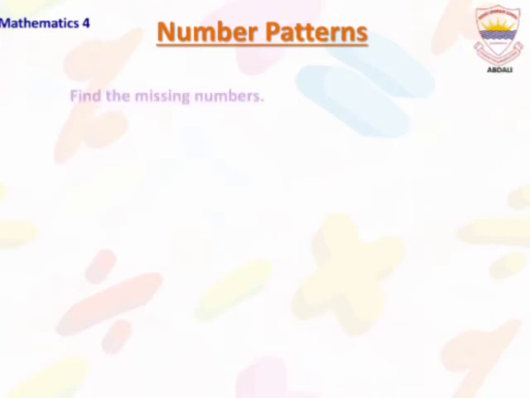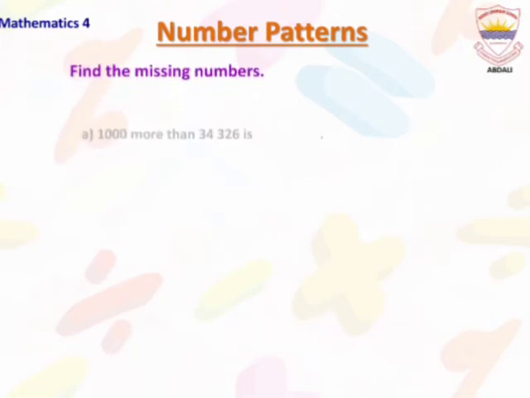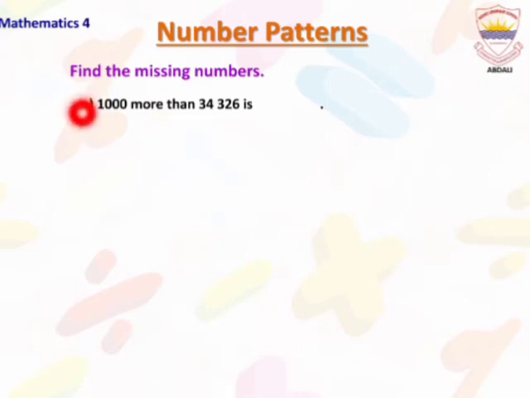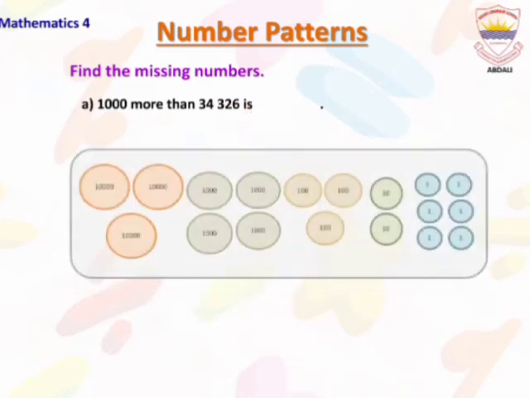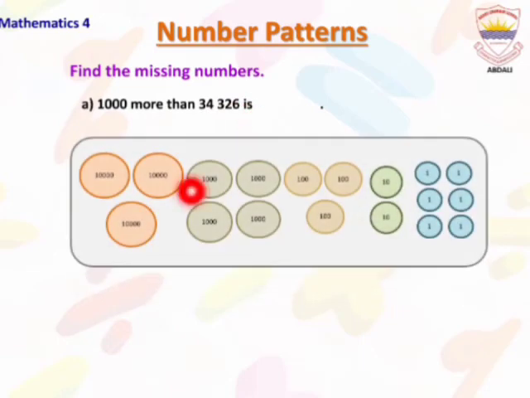Now, students, it's time for our 1,000 place. Our question is to find the missing number: 1,000 more than 34,326. Students, we draw number disks of 34,326.